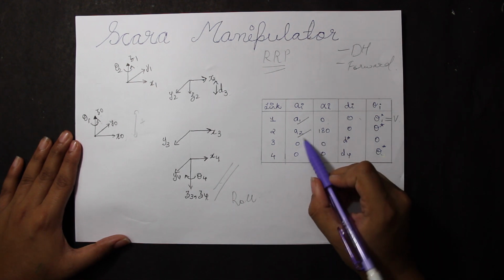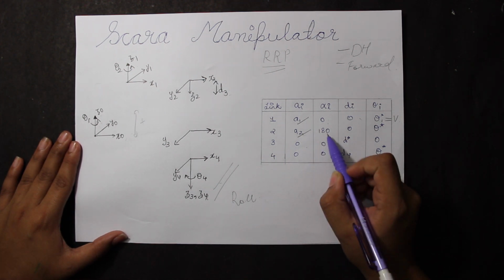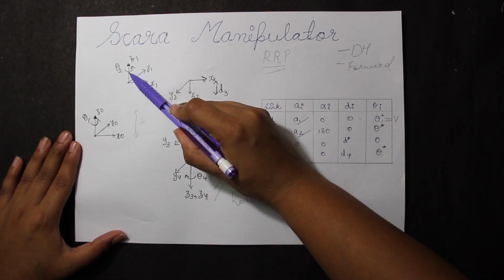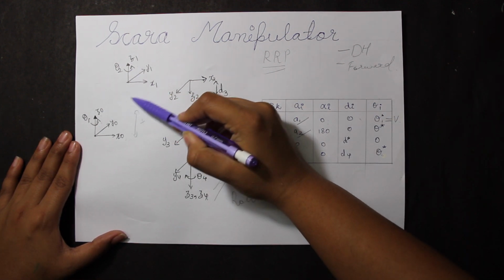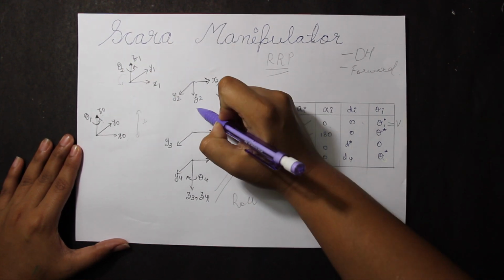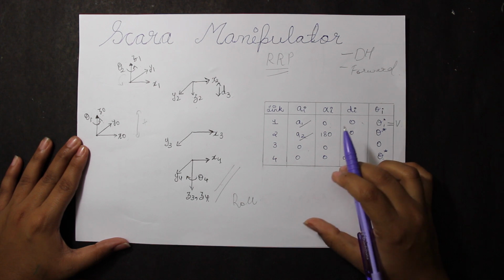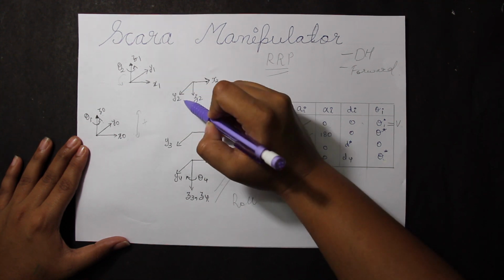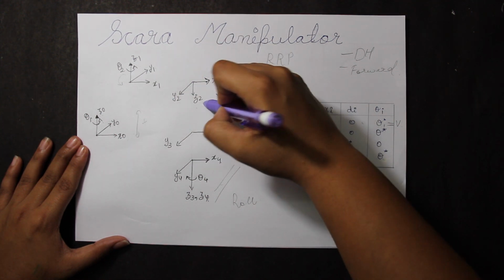We have specified the value of link length and it is A2. Here we see that the frame has rotated by an angle of 180 degrees in the anti-clockwise direction. Why so? Because if you look at the rotation, Y1 is here and Y2 is over here, and Z1 is over here and Z2 over here.